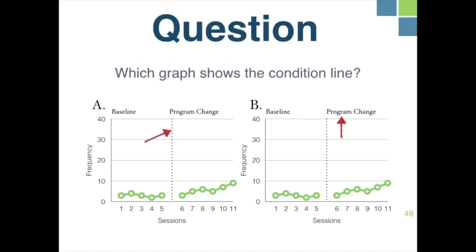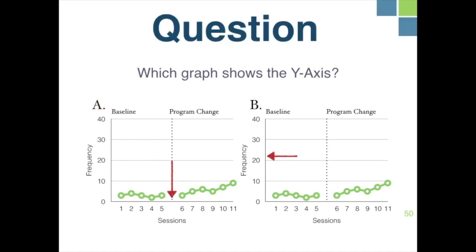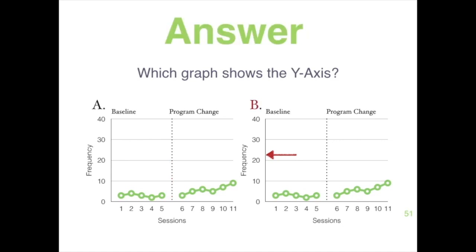Which graph shows the condition line? A or B? And the correct response is A. Which graph shows the y-axis? A or B? And the correct response is B. Fantastic.